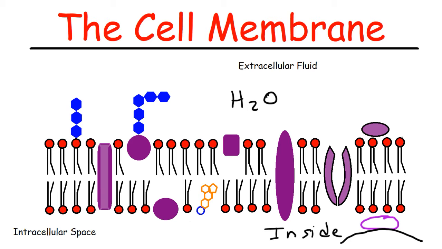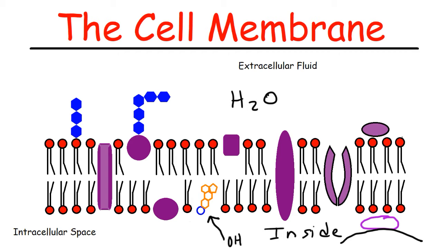Now, there's one more thing that we need to talk about regarding the cell membrane, another important component, and that is cholesterol, which is right here. Cholesterol has a polar region and a nonpolar region. The circle in blue is the hydroxyl group of the cholesterol molecule.